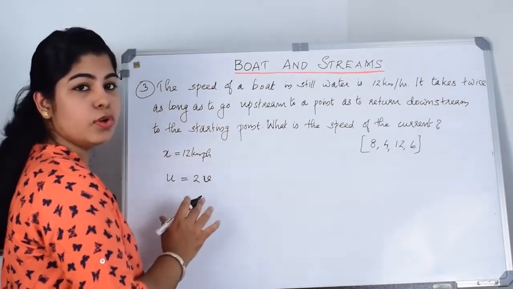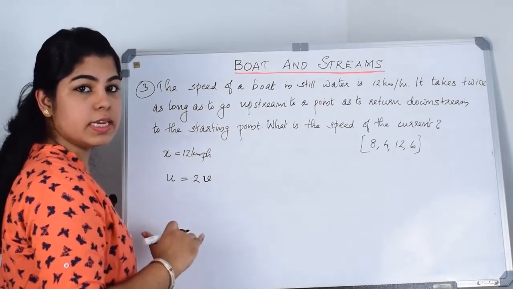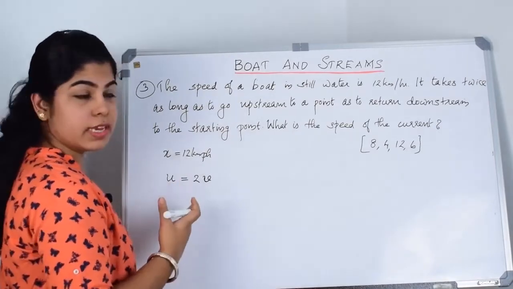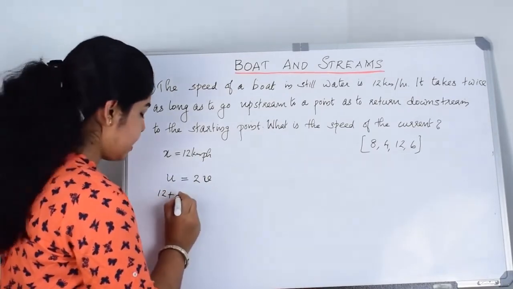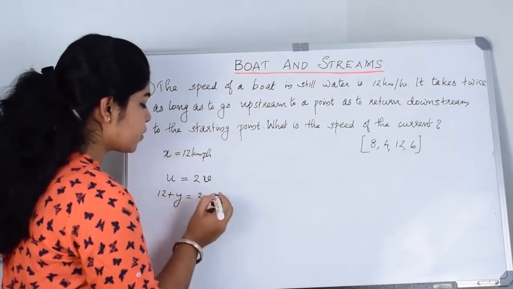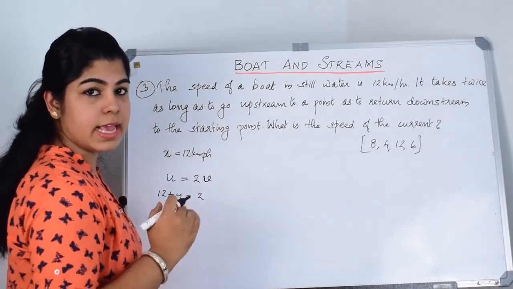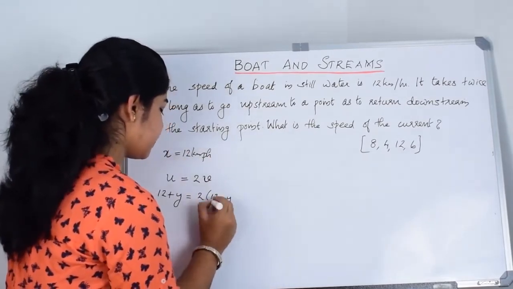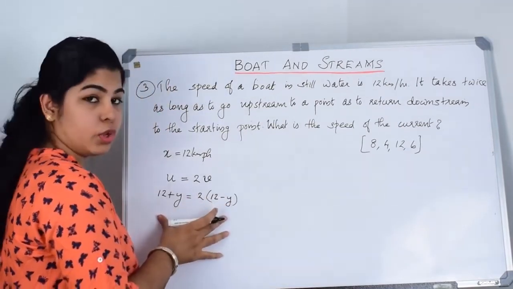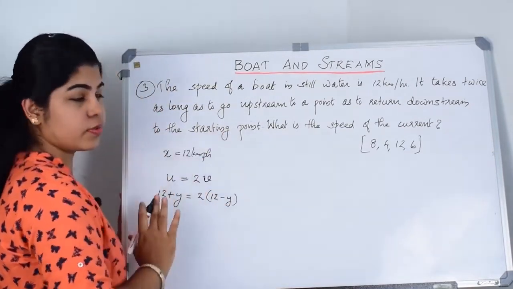So here you know u, that is downstream speed, is x plus y. So here the value of x is given, that is 12 plus y is equal to, what is the value of v? V is x minus y. So x is 12 here, 12 minus y. So by solving this equation, we will get the answer for this question easily.